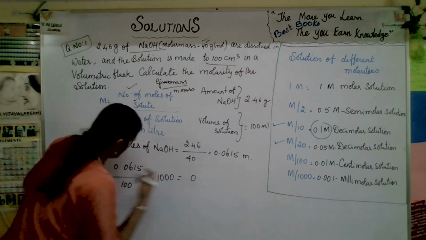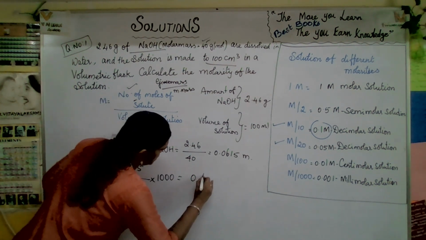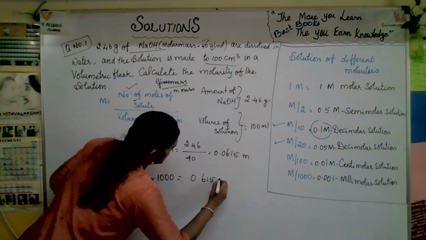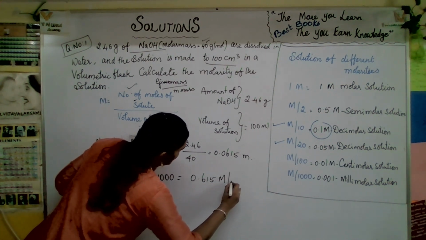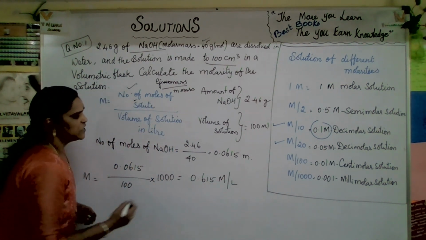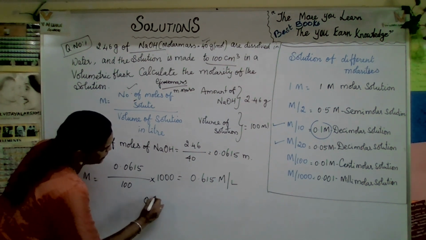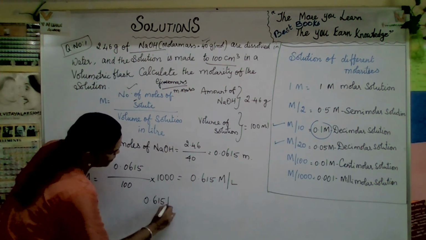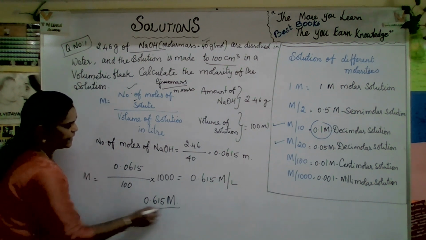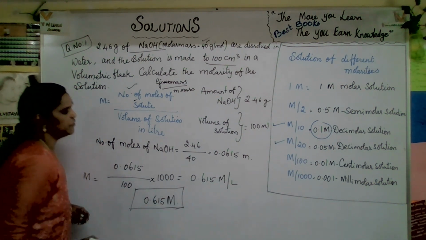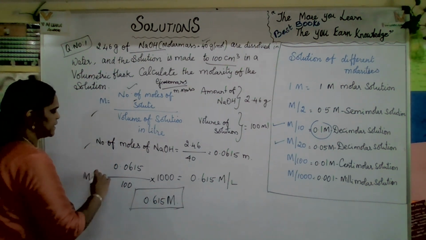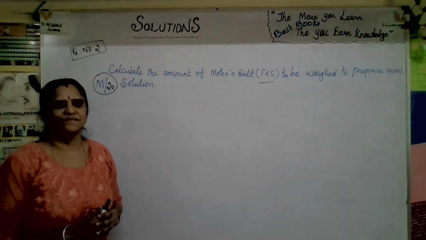Altogether you will get 0.615 mole per liter, otherwise 0.615 molarity. In this way you have to write it. Hope you got a better idea about this.